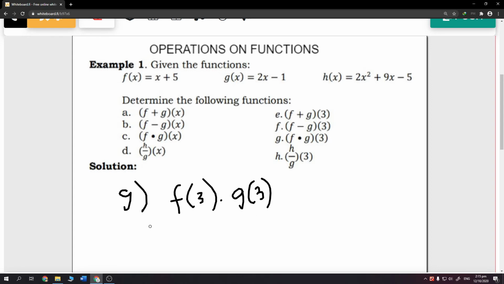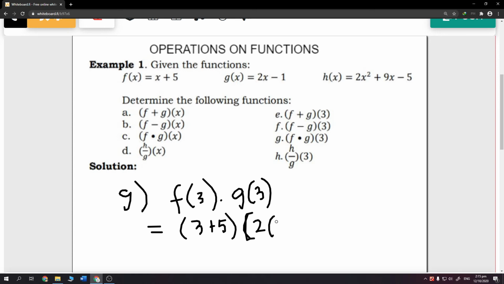Okay, so we have f of 3, f of x, we have 3 plus 5 times, or simply we can use parentheses to indicate multiplication. G, we have to use parentheses.